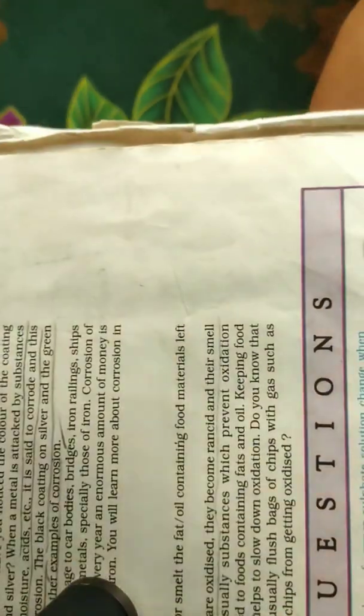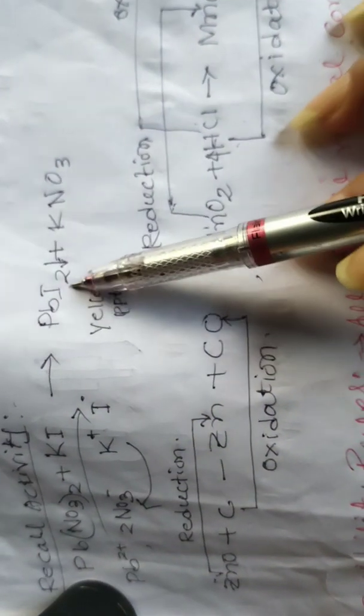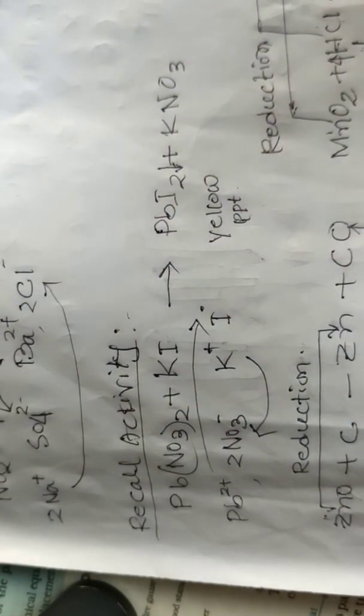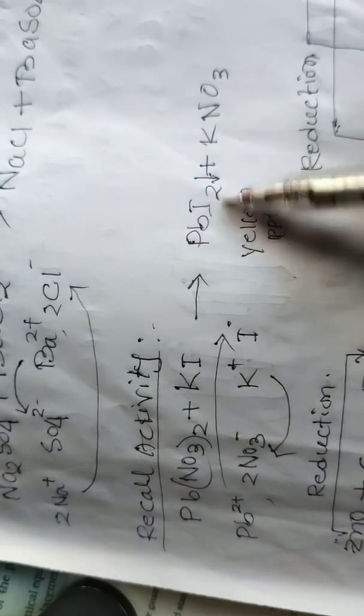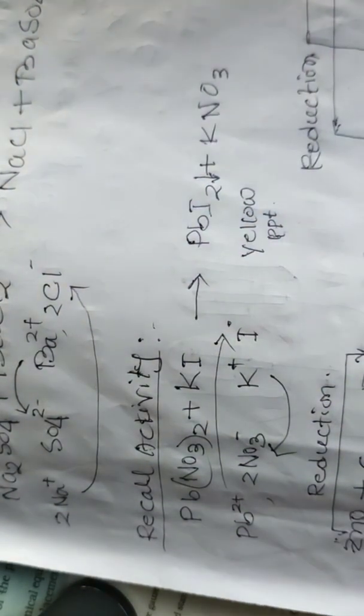So in this reaction, what happened? Lead iodide was an exception. It is insoluble, that is why it will precipitate. So to know what products will precipitate, you should know these rules. Just memorize these rules, then you will be able to tell about precipitations.